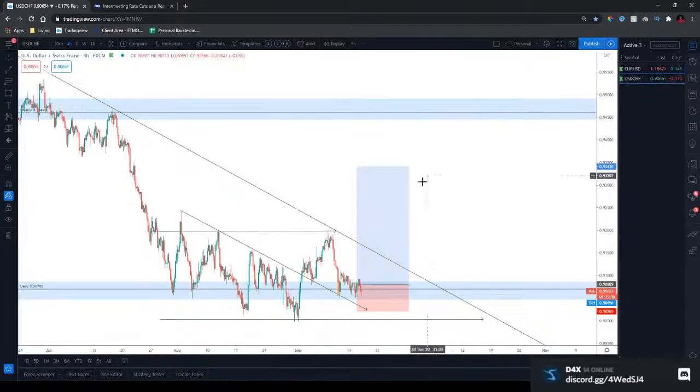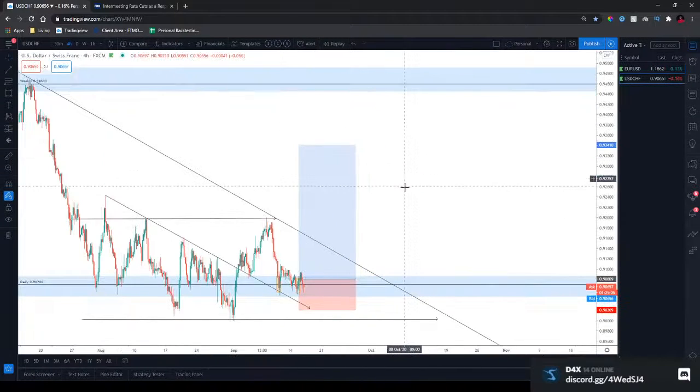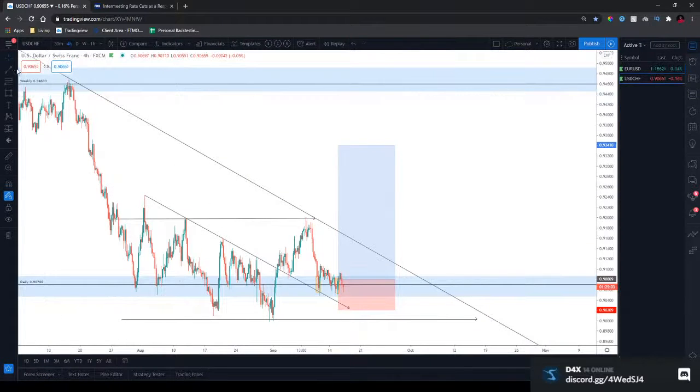Let's go to USHEF. I have two entries on USHEF, and it's pretty much the inverse of the Euro USD. Right here, we had a descending channel previously, a reversal pattern on this daily level. Once it broke up, I caught a buy here, and price hit TP here.